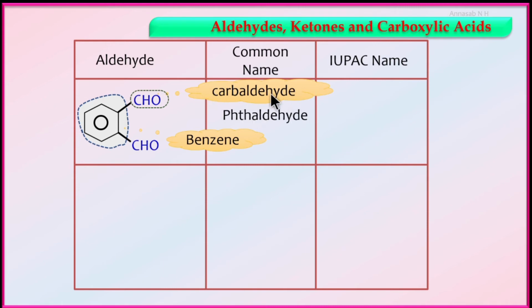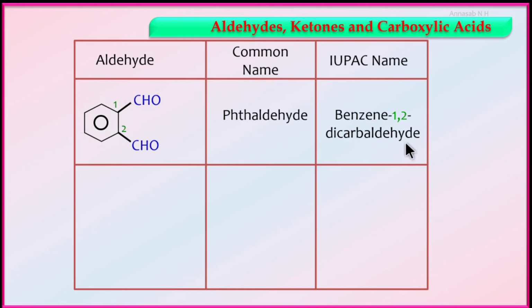We take carbaldehyde as and when the CHO group is directly attached to an aromatic or alicyclic ring. So the IUPAC name is benzene-1,2-dicarbaldehyde.